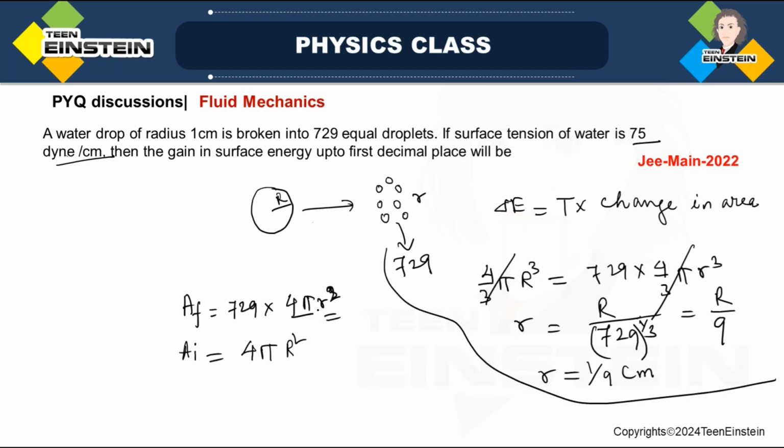Let this 4 pi be there. So the final area will be 729 into 4 pi divided by 81, which is 9, so we get 36 pi. And initially we get 4 pi alone. This is centimeter square actually. So the gain in area, or change in area, here is 32 pi centimeter square.